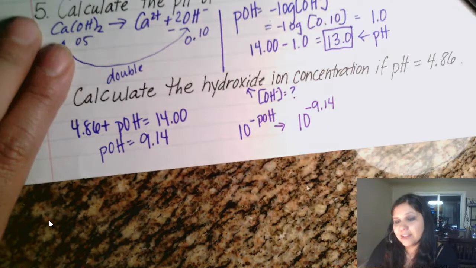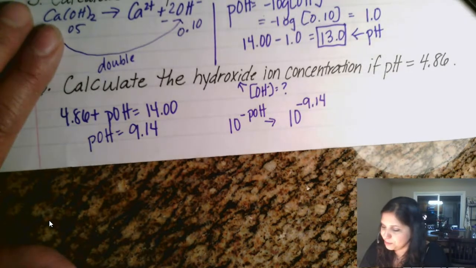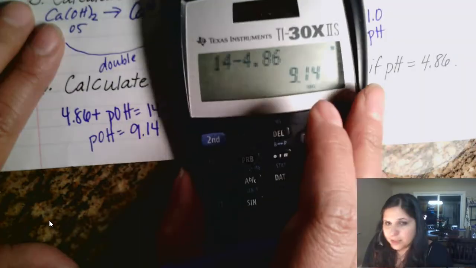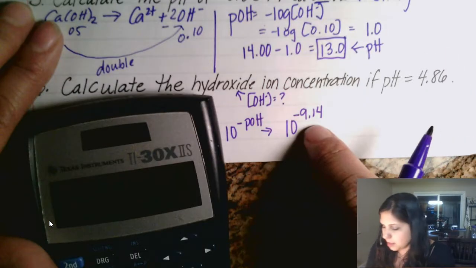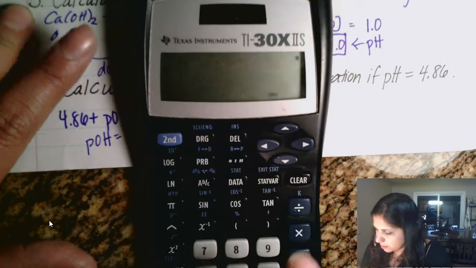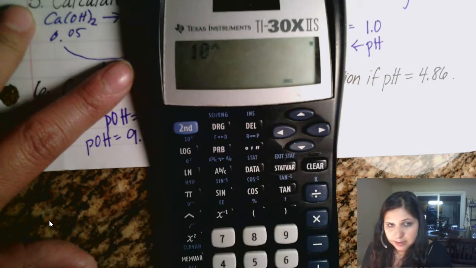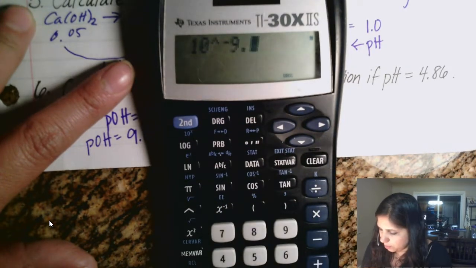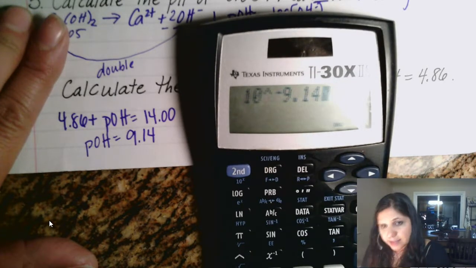We cannot leave it like this. So if you thought we could leave it like this, sorry, we can't. We actually have to plug that in. Before we could because the base was 1 and we had even numbers here, but we can't when we have decimals here. So 10, we just put the caret, it's easy. 10 to the negative 9.14. That's what I wrote, yep. And then you have to hit enter.